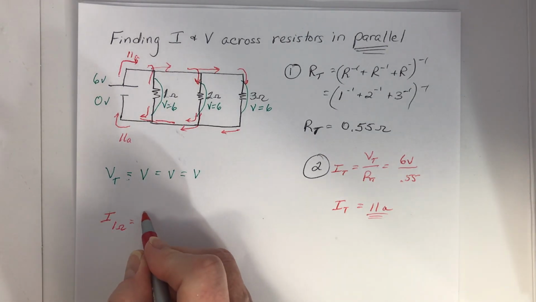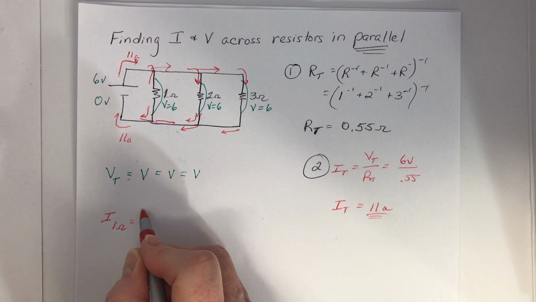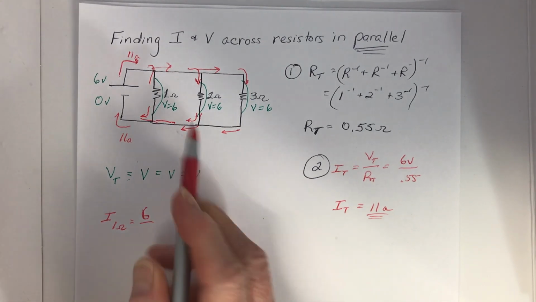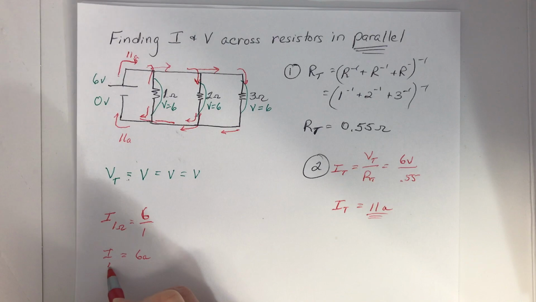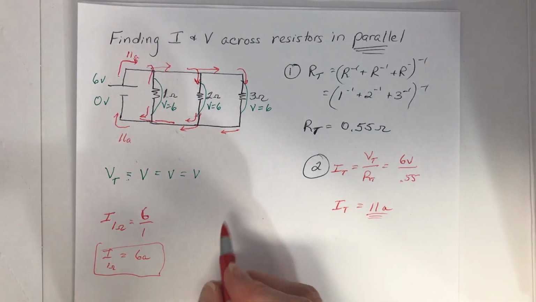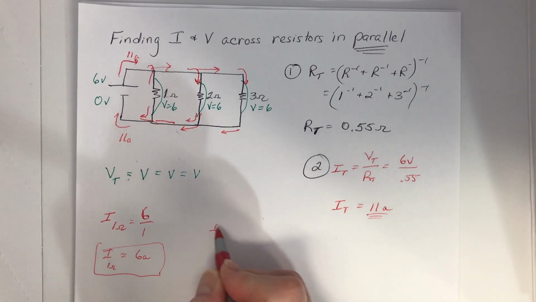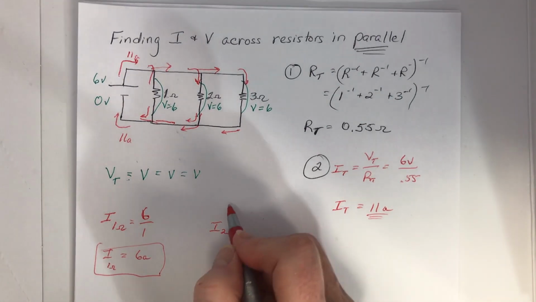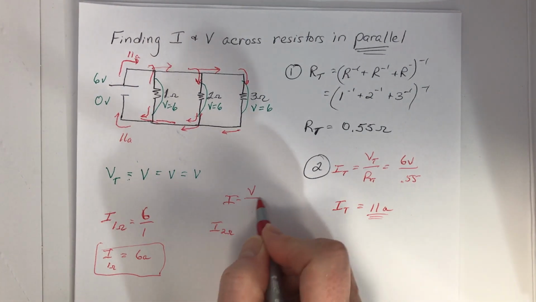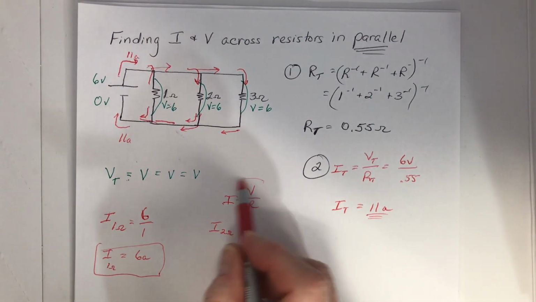Per Ohm's law, the voltage is 6, the resistance is 1, the current going down there is 6 amps. I for the 1 ohm is 6 amps. I for the 2 ohm: I equals V over R. I'm going to write it up here so you know. It's just Ohm's law rearranged.